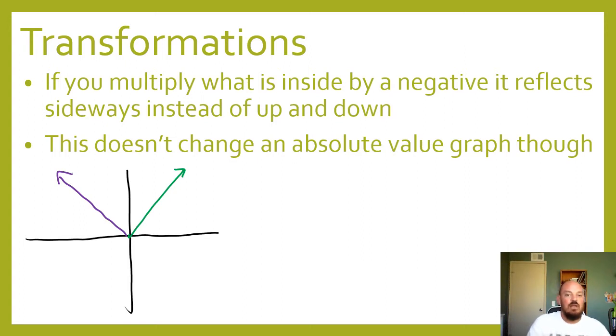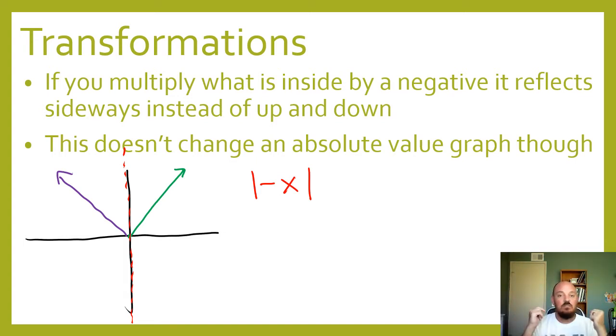If I was graphing absolute value of negative x, what I would do is flip it sideways. So this time I'm going to make the y-axis the mirror, and I'm going to flip one side to the other. Well, you can see what happens if I do that. The green part flips over and turns into the purple part. The purple part flips over and turns into the green part, but it ends up the exact same graph.